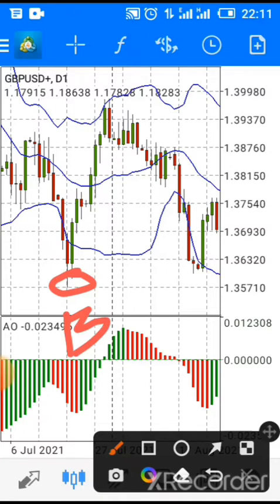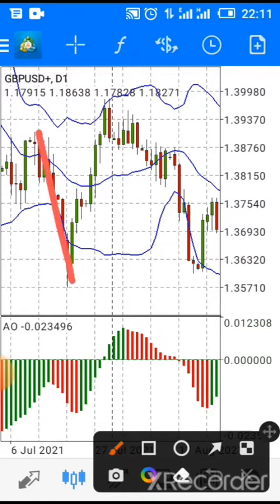Hope that is clear. So in very simple terms, that is what demand zones actually are. This is a drop, this is a base, and this is a rally. So this is a demand zone. What does that tell us? Demand zones are areas where you should buy, while supply zones are of course areas where you should sell.